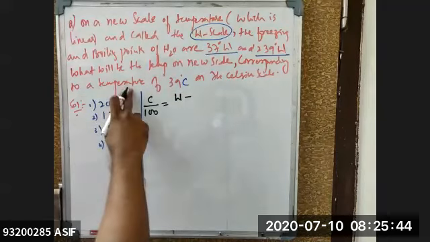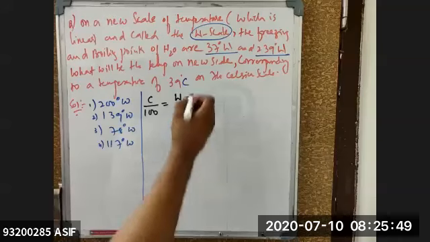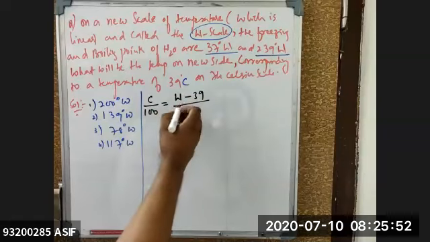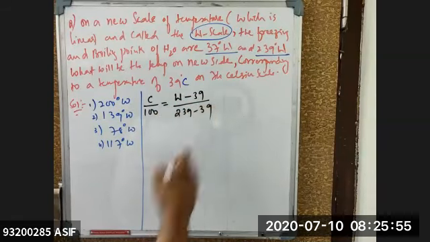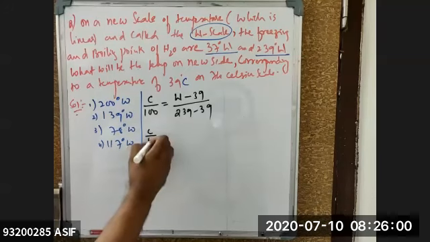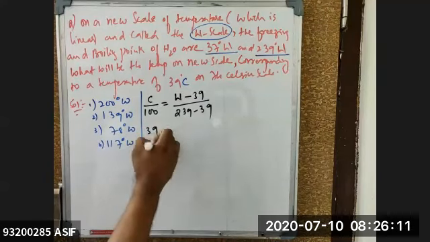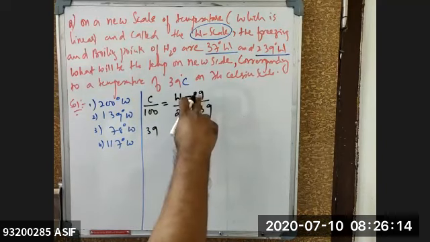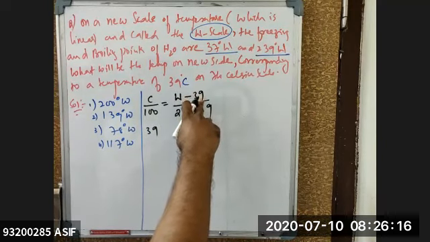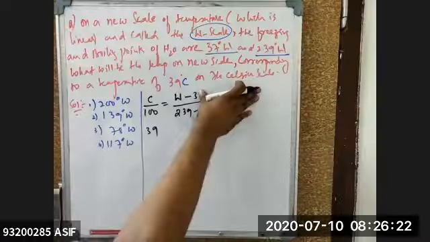The corresponding temperature, C, is given as 39. So 39 divided by 100 is equal to W minus 37 divided by 239 minus 37.